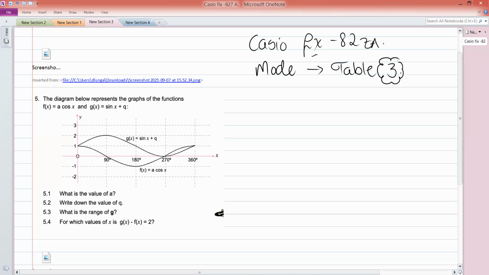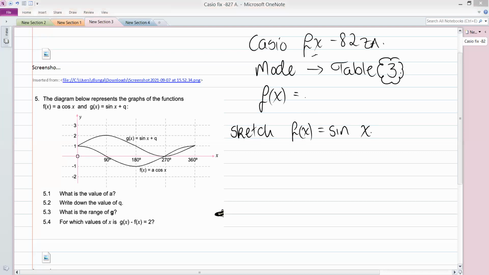Once you do that, the screen on the calculator will say f(x) equals. Now, if they ask you to sketch a particular graph, let's say they say sketch the graph of f(x) equals sin x, and let's say you don't know what it looks like.